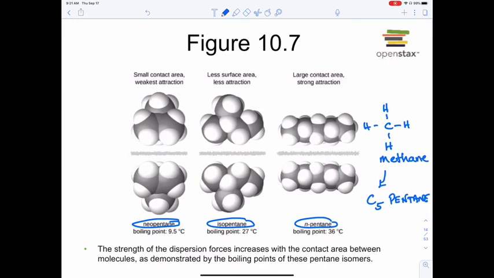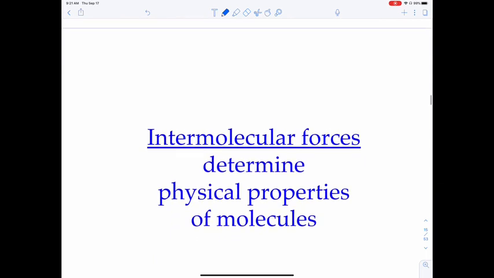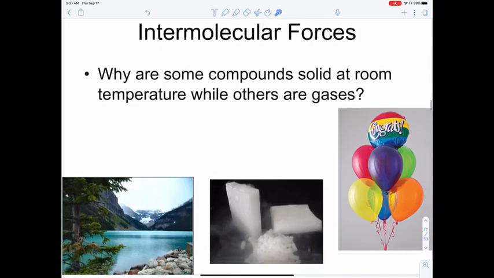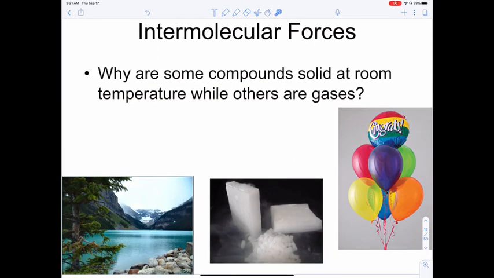As you increase the number of carbons and change the shape of these molecules, the attractive forces between them will change. The most important thing to realize is that intermolecular forces determine physical properties, such as why something is a solid, a liquid, or a gas at room temperature.